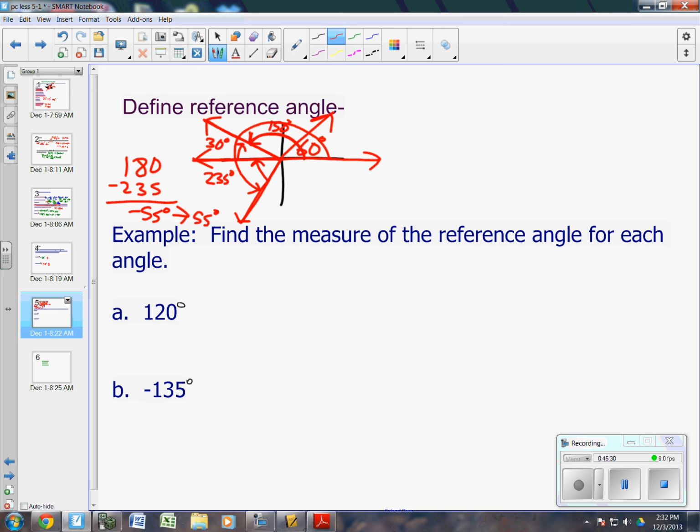Okay, let's say I have one clear into the fourth quadrant. Let's say I have a 325-degree angle. What is its reference angle?